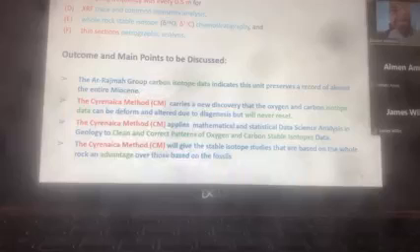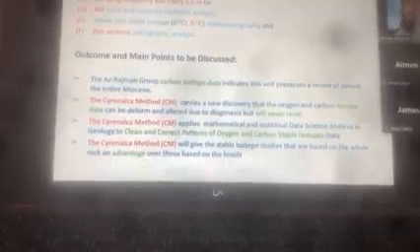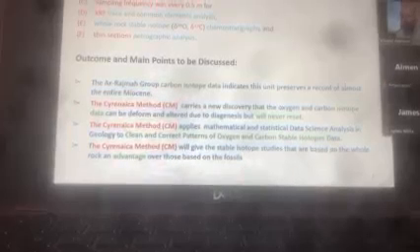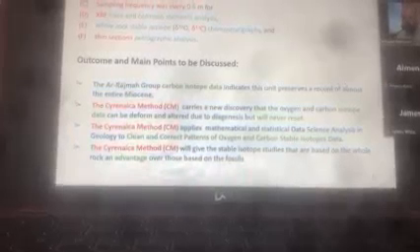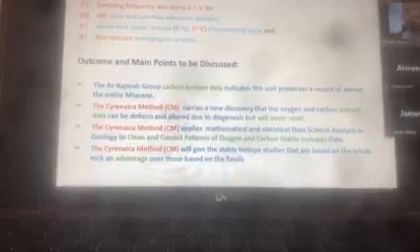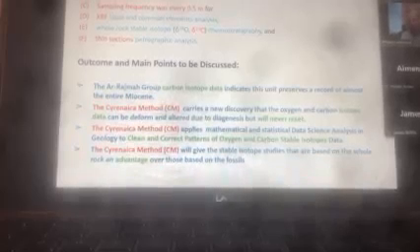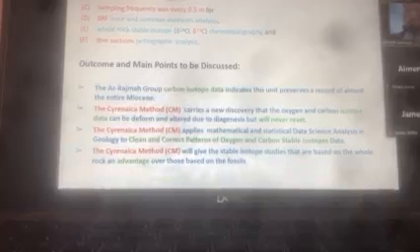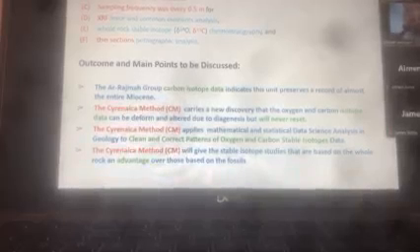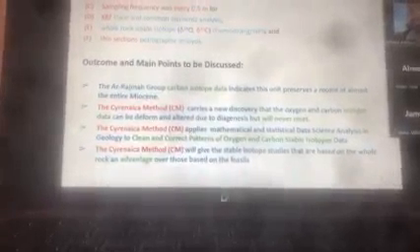Plus, this new method will give the stable isotope studies that are based on whole rock an advantage over the data coming from the fossil-based isotope study, because this will give you 2 things: the noise, which is basically the diagenesis or the exogenous factors, as they call them in statistics, plus the pure signature, or a signature very close to the pure signature, comparable to the pure signature.